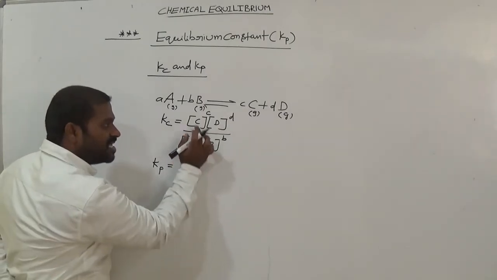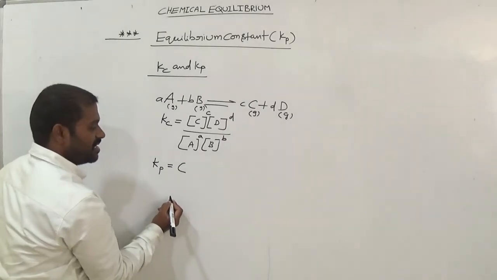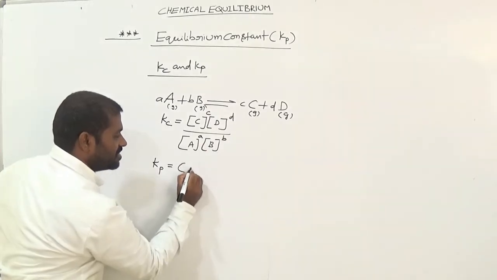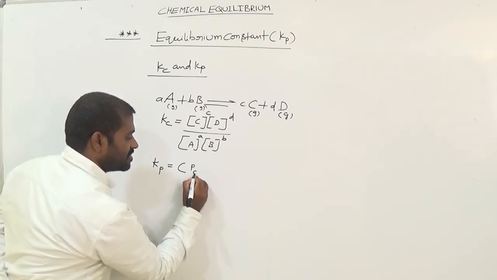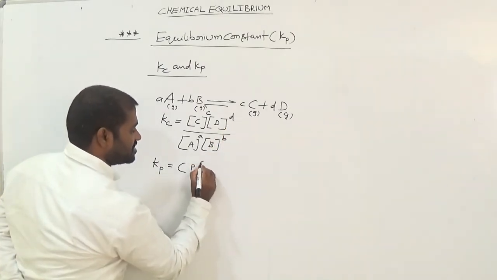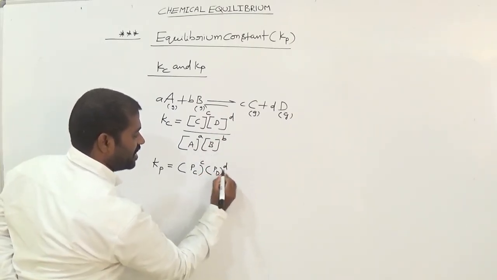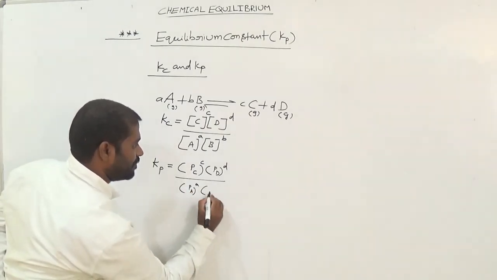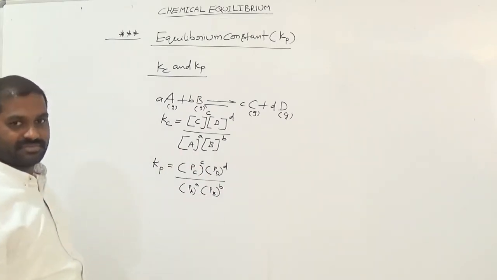Now I change the square brackets to round brackets. Partial pressure of C, where C is a product, to the power c, and partial pressure of D to the power d, divided by partial pressure of A to the power a and partial pressure of B to the power b.